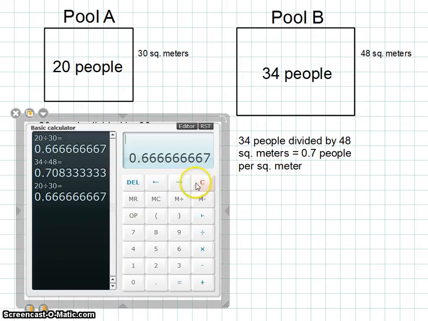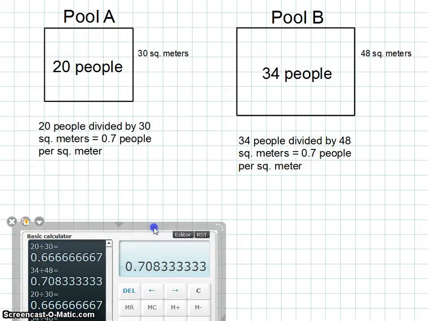How about this side? The number sentence is 34 divided by 48. And that gives us, we rounded it to 0.7, but it's actually a little bit more. So when we compare the actual numbers, pool B seems to have a little bit more people for every square meter if the number of people was divided equally into each square meter.